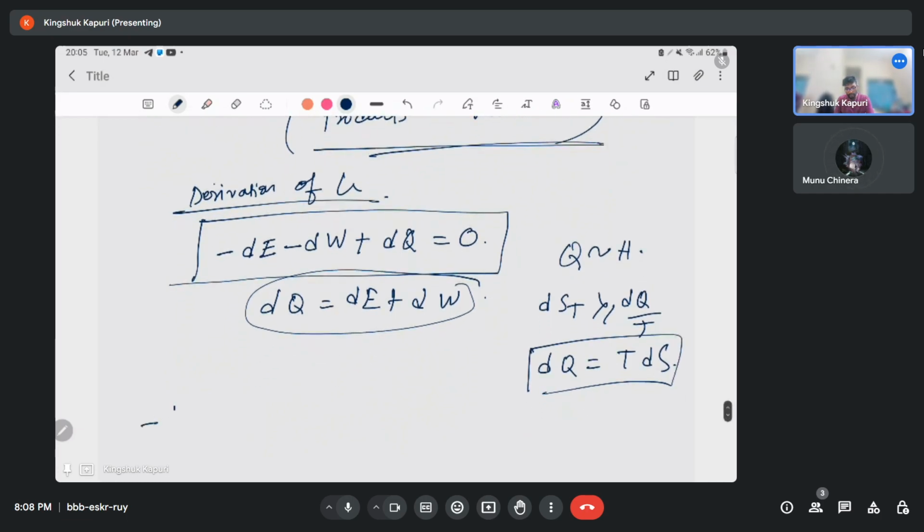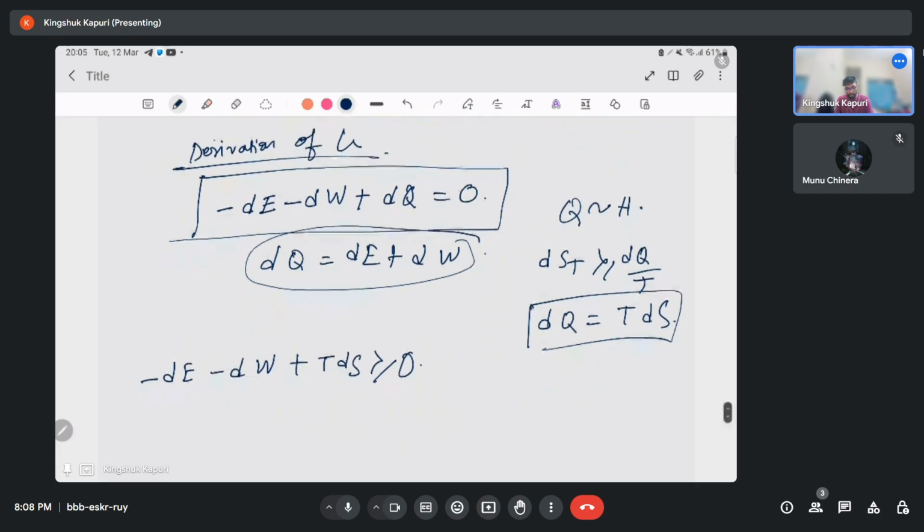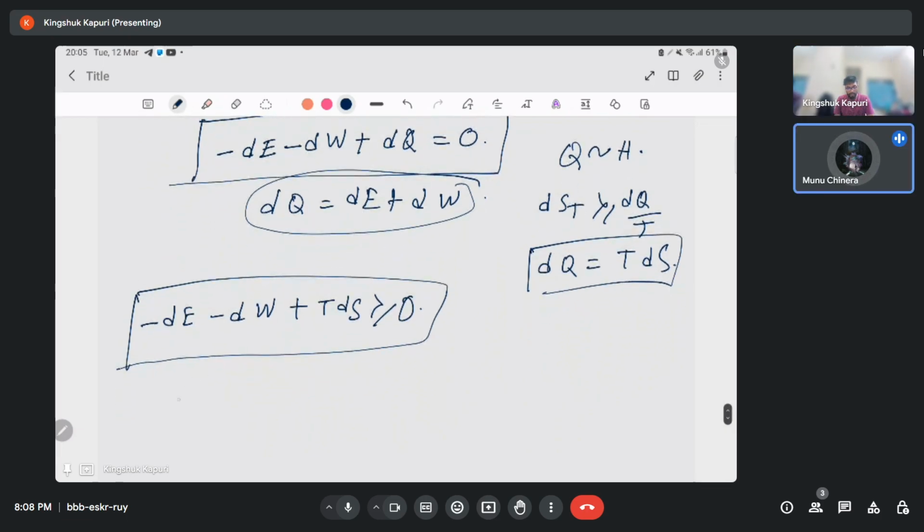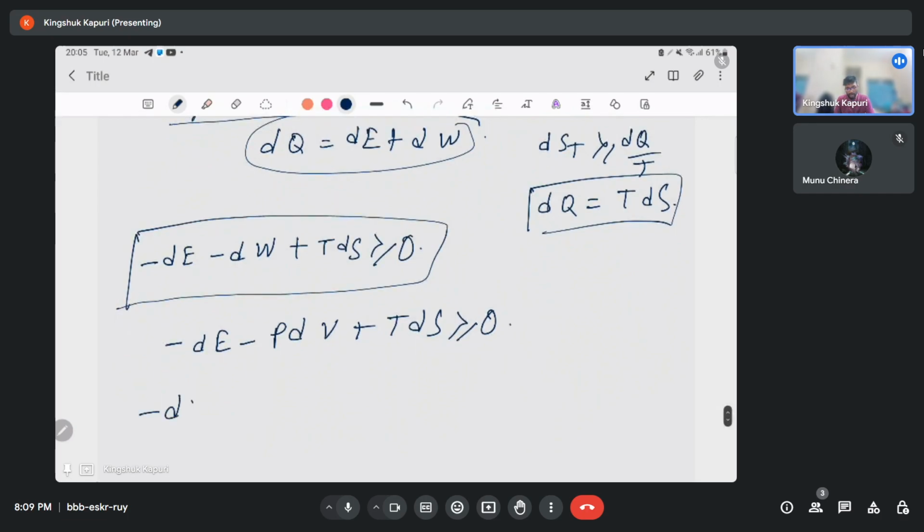Minus dE minus dW plus T dS will be greater than or equal to 0, right? Minus dE minus P dV plus T dS will be greater than or equal to 0. So minus dE equals d of PV.